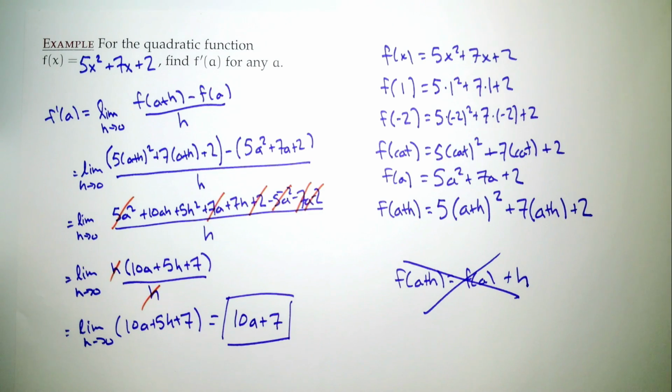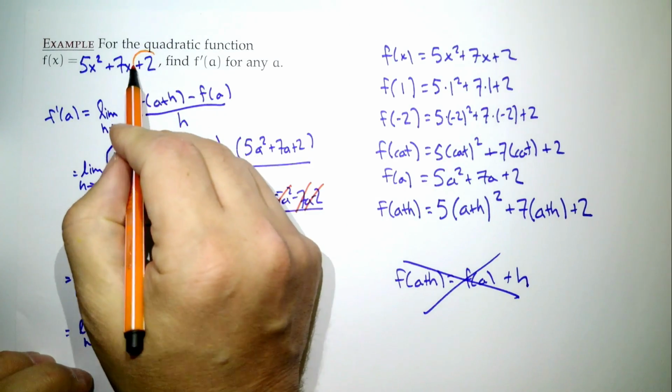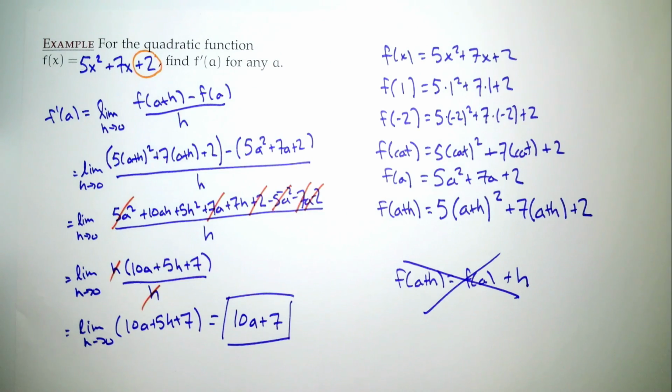Now, for those of you who have seen this before, you're like, that's a really long way to get to the answer. And yes, we're going to get to the point where you can do this in your sleep. Let's make an observation here. Did this plus 2 end up actually mattering? No. Can we think about a good reason why plus 2 wouldn't matter?